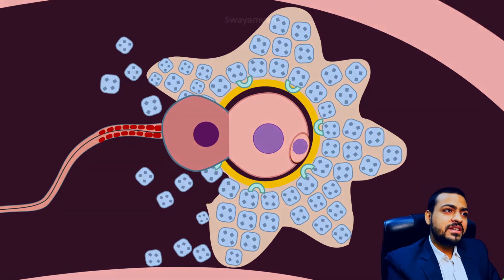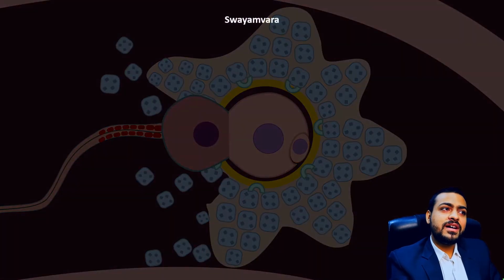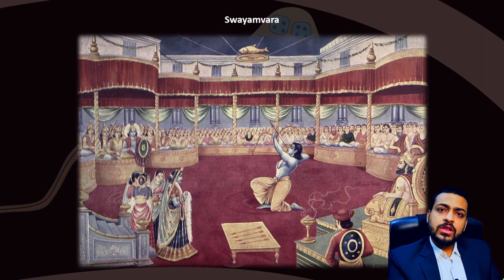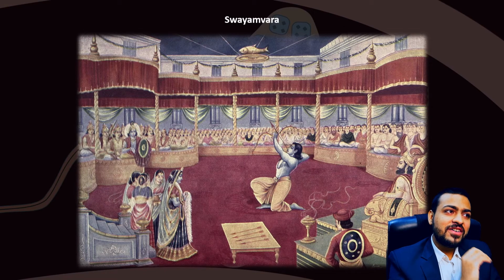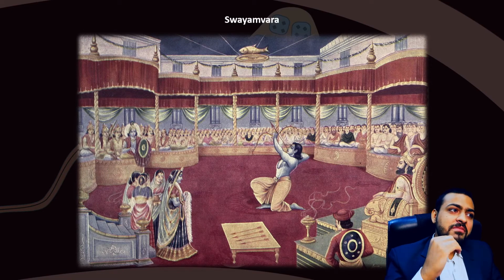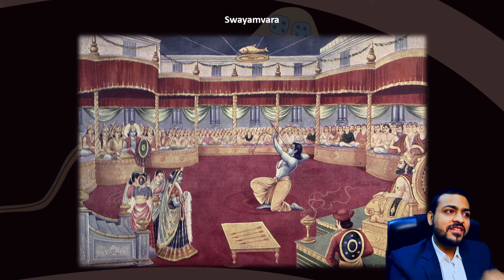You know what? It reminds me of something called Swayamvara. It is an ancient Indian practice that in ancient India, when a princess wanted to get married, all those who were interested in marrying the princess were invited to the event and asked to show their extraordinary physical and mental capabilities and strengths.